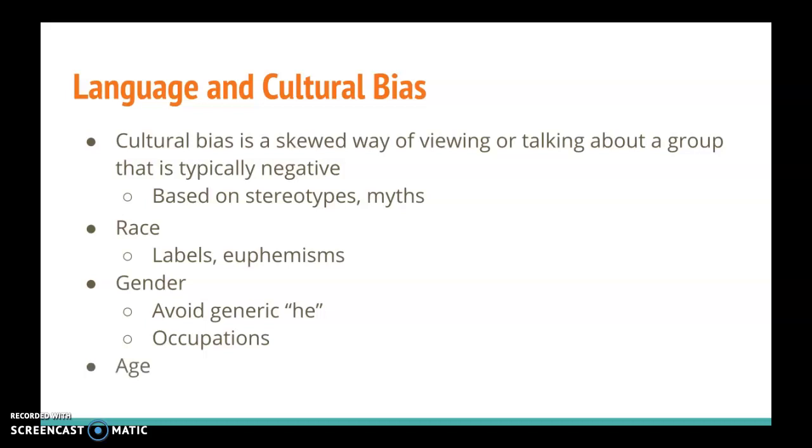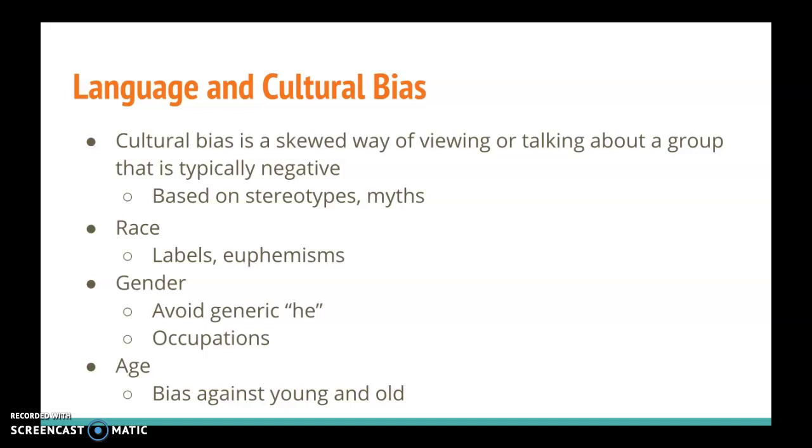Another place where a bias seeps in is with age. Language that includes age bias can be directed towards younger and older people. Typically, descriptions of younger people often assume recklessness and inexperience, whereas descriptions of older people assume frailty or disconnection.